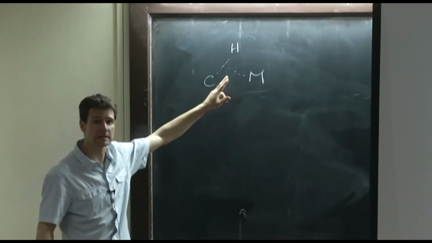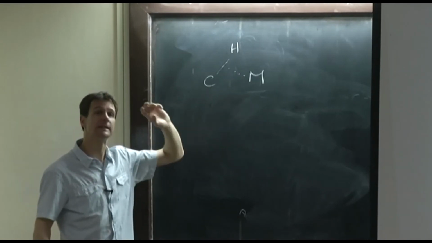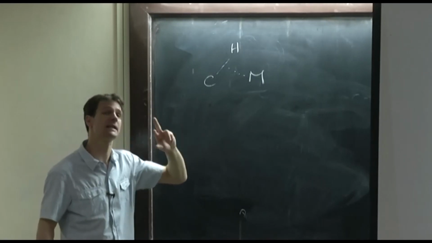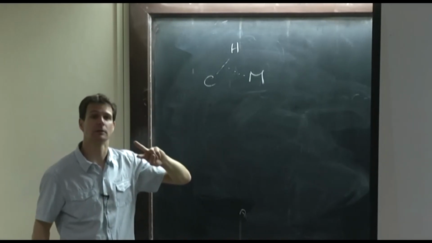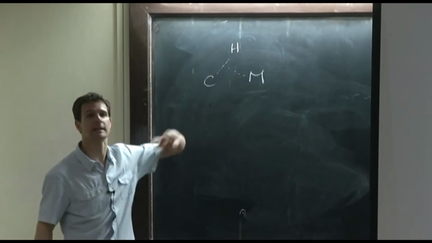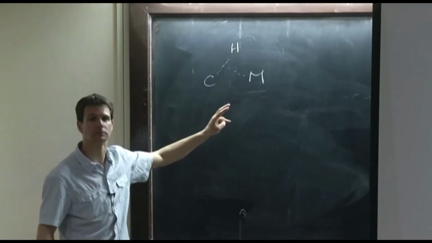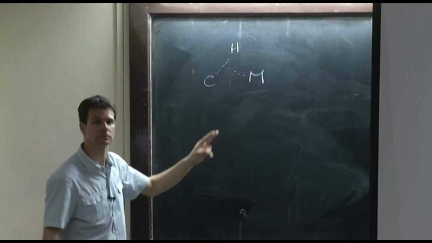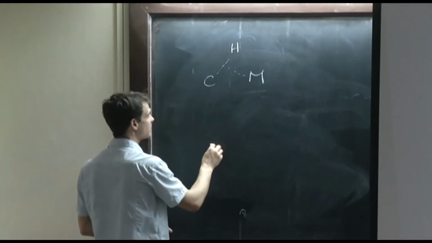This is, as an agostic compound, a 3-center 2-electron interaction. At this stage, you cannot distinguish.